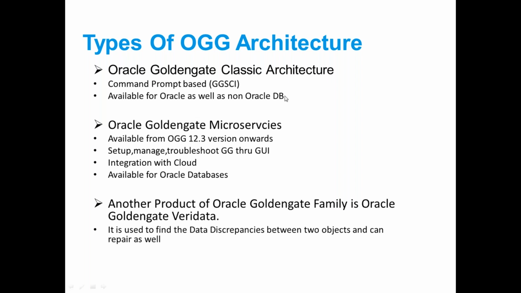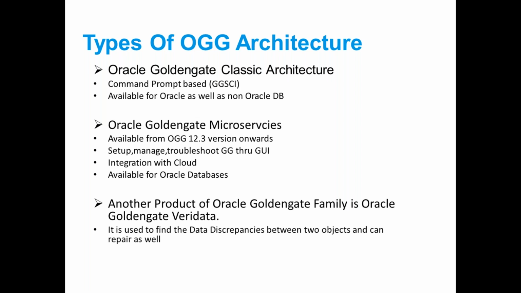Until 2017, we used to call it Oracle Golden Gate. In 2017, Oracle renamed it to Oracle Golden Gate Classic Architecture, which is command prompt based, and we log in through GGSCI. So many of you would be using it.